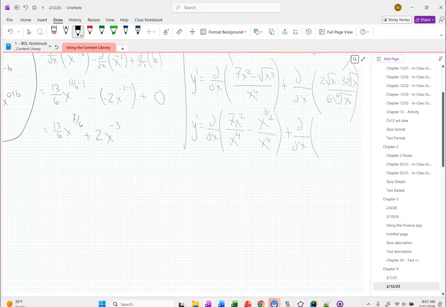Now, the second term is multiplication and division. There's no addition or subtraction there, so there's no need to make common denominators, right? Instead, what I'm going to do is rewrite everything with a fractional exponent. I guess there's some reducing of coefficients that I can do as well, right? So I have 2 times the square root of x times 3 times the cube root of x divided by 6 times the 6th root of x. 2 times 3 is 6.